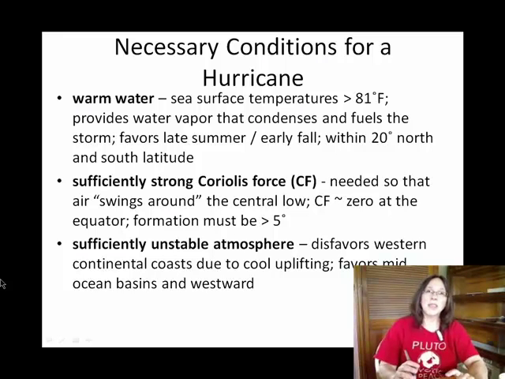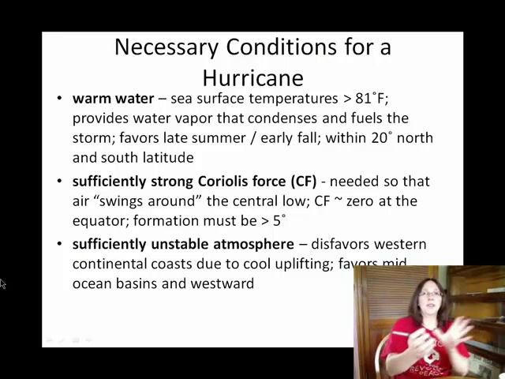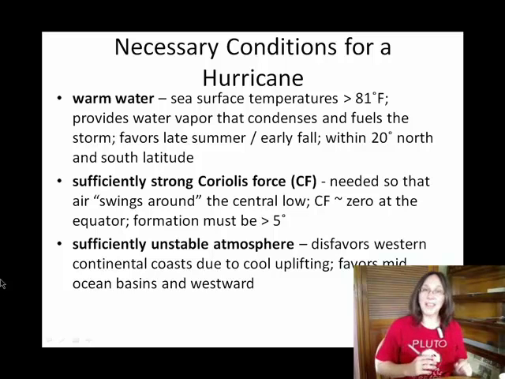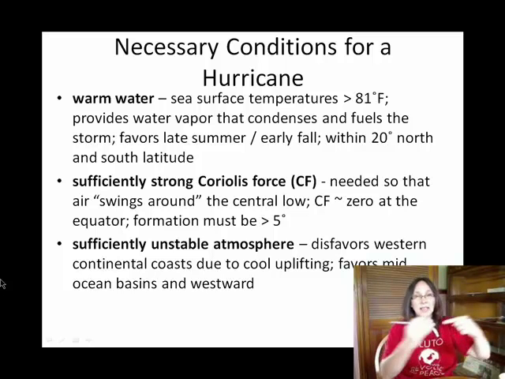The other thing is that you need a little bit of spin, okay? And the spin actually comes from the Coriolis force or Coriolis deflection we talked about earlier. And the Coriolis force comes from the Earth spinning on its axis of rotation. The other thing about the Coriolis force that we said is at the equator, it's basically nil.